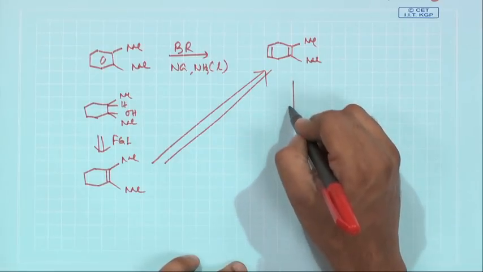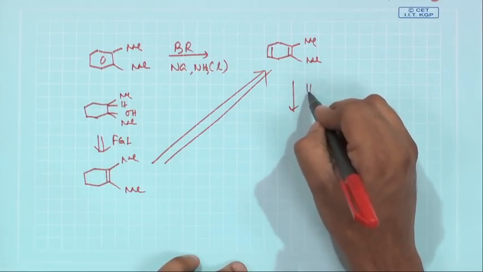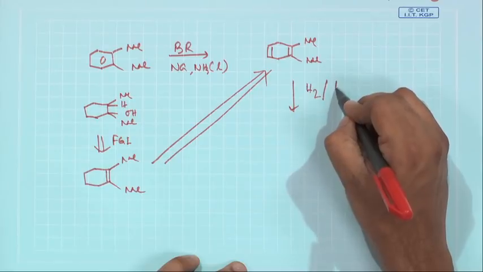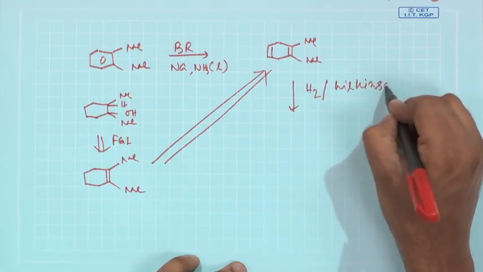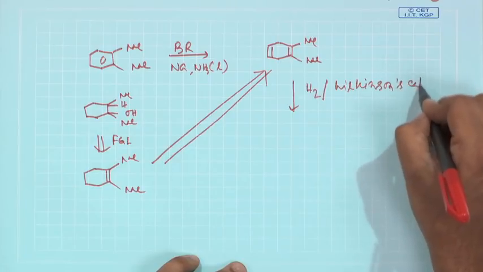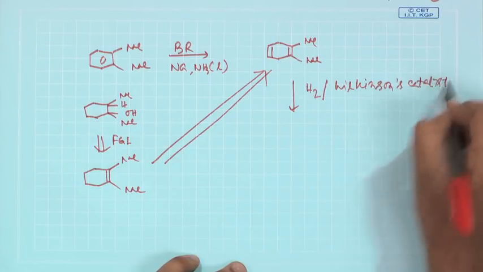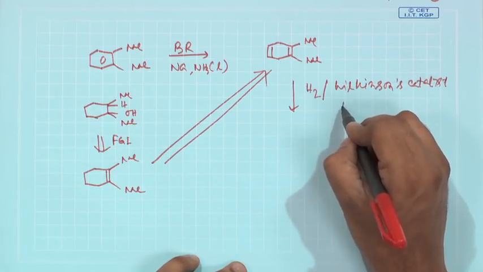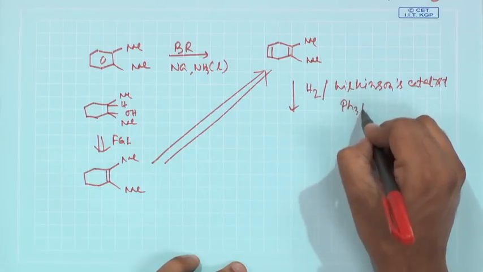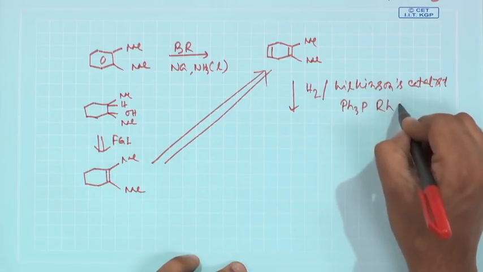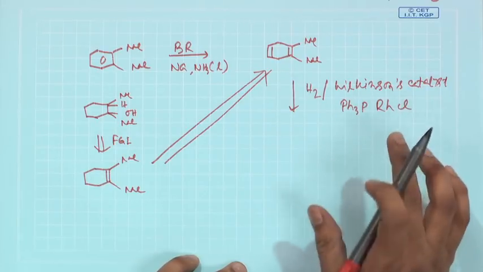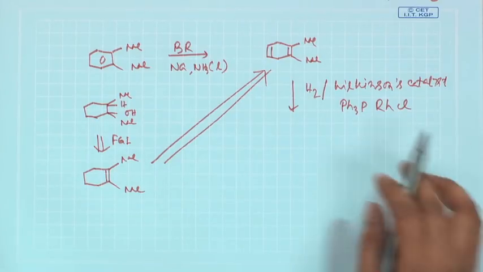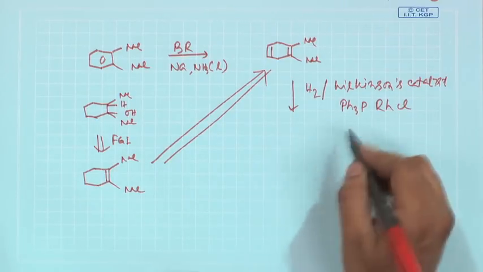In this particular case you can use a hydrogenation reaction with a sterically bulky catalyst which is very well known, named Wilkinson's catalyst. We are not going to talk about this catalyst in great detail. It is a rhodium based catalyst, having triphenylphosphine and rhodium chloride. This catalyst helps in hydrogenation reactions and is a homogeneous catalyst.